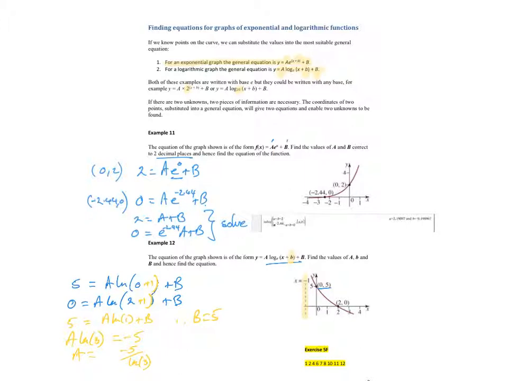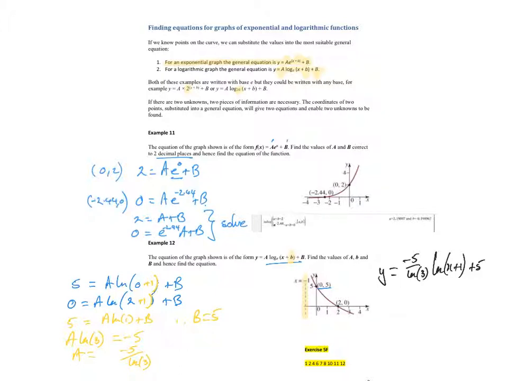So we can say that y is equal to negative 5 on natural log 3 times natural log of x plus 1, plus 5. Does that kind of make sense?